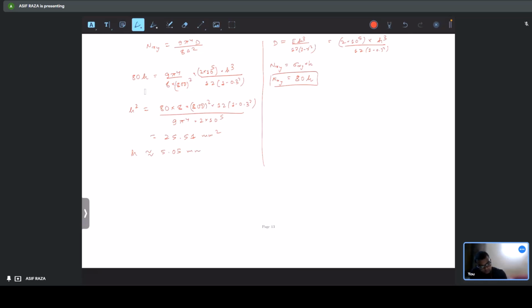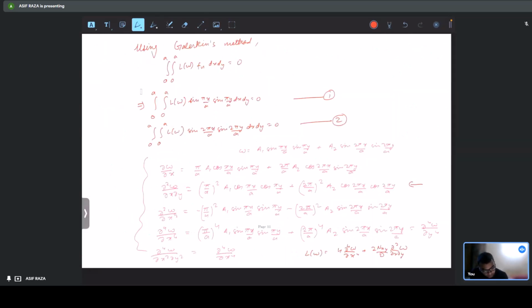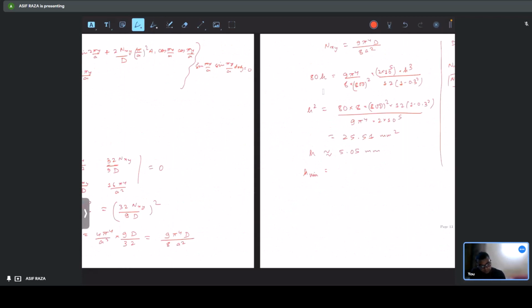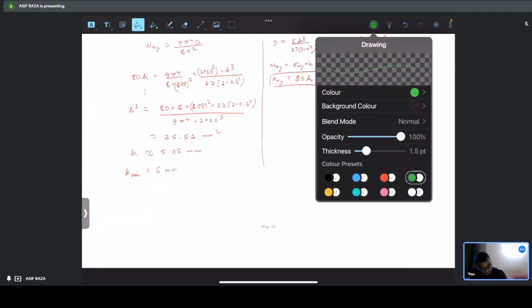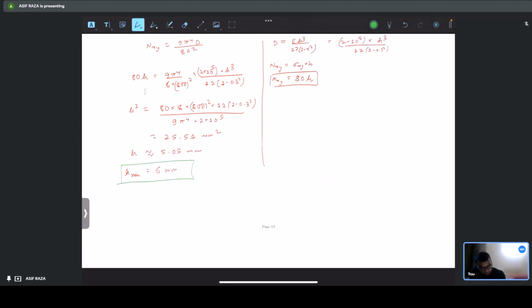So the minimum thickness h should be an integer, right? So the correct answer would be 6 mm. So the correct answer is 6 mm.